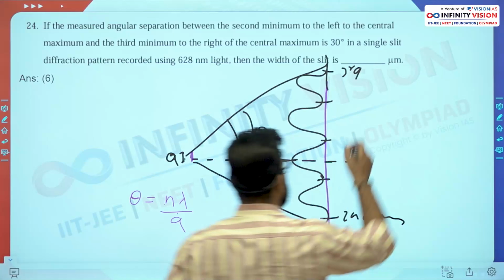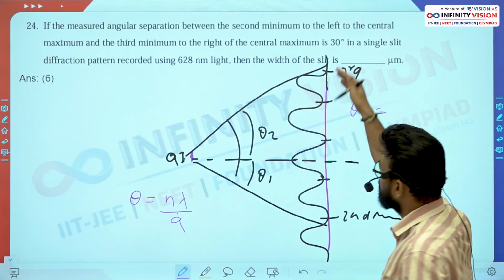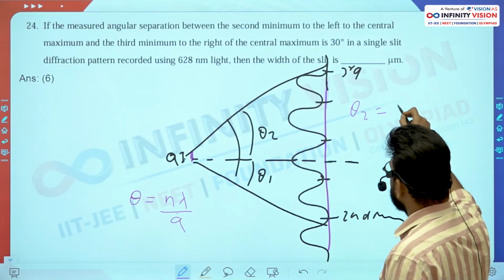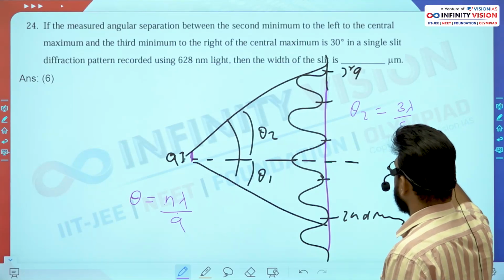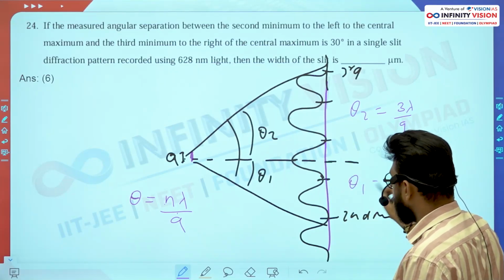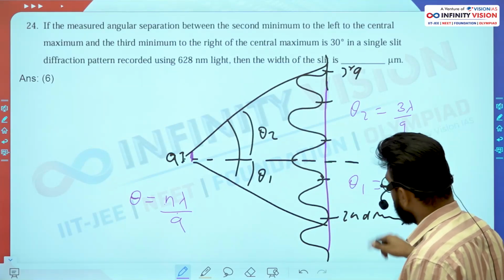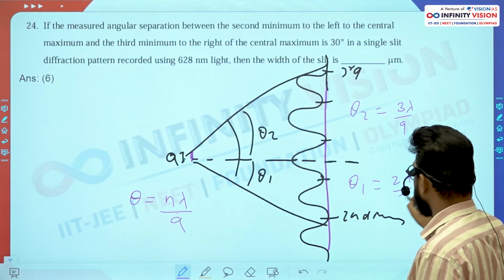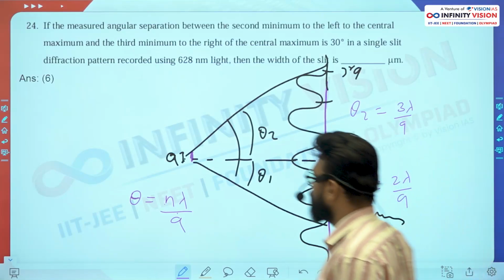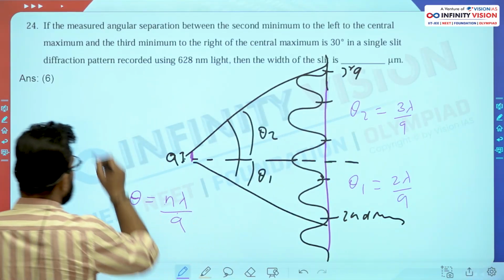So theta 2 is at the third minima, so this would be 3 lambda by A, and theta 1 towards the left would be the second minima, so this would be 2 lambda by A, and theta 1 plus theta 2 is already given to you as 30 degree.